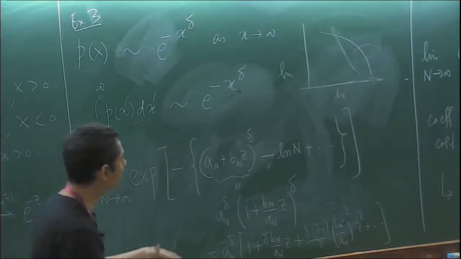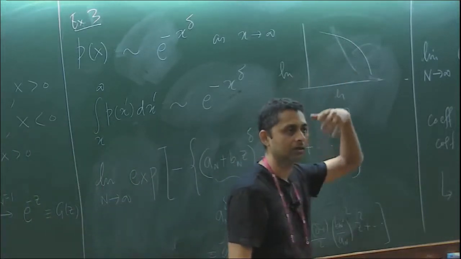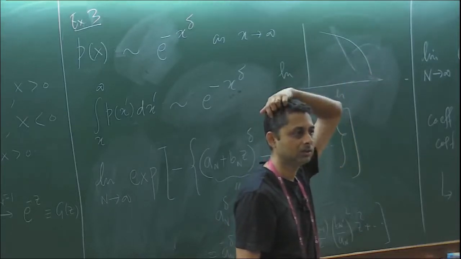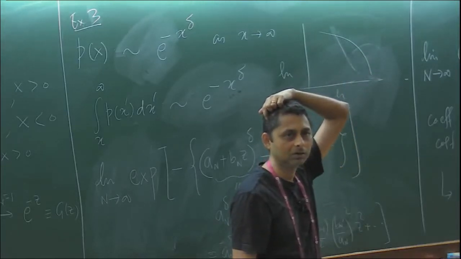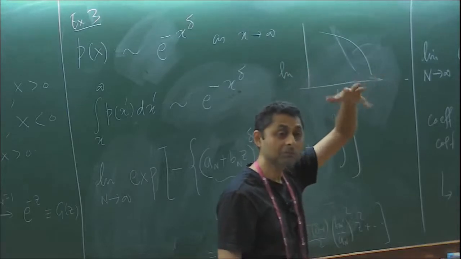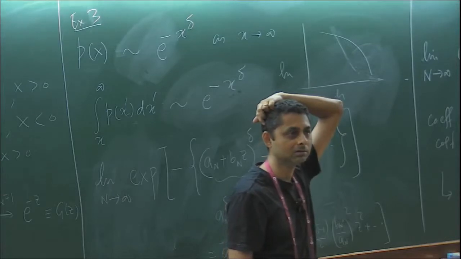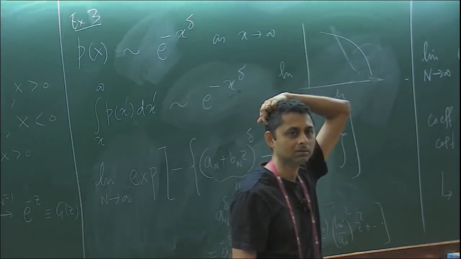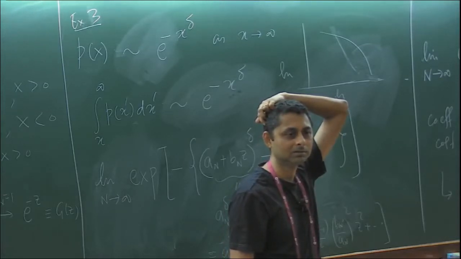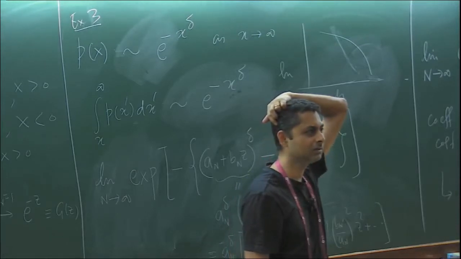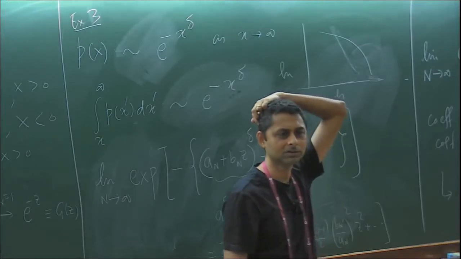So what is the function that decays slower than this kind of exponential? It's a power law. Is there something between power law and exponential? Is there any function you can think of between power law and exponential?